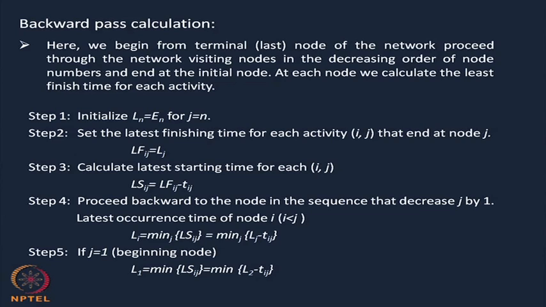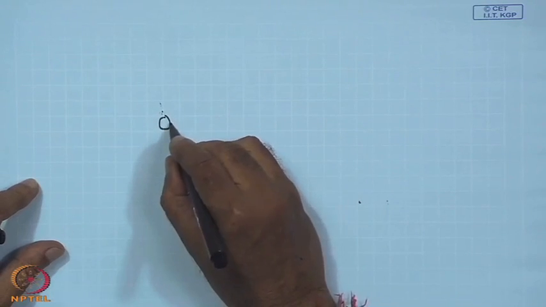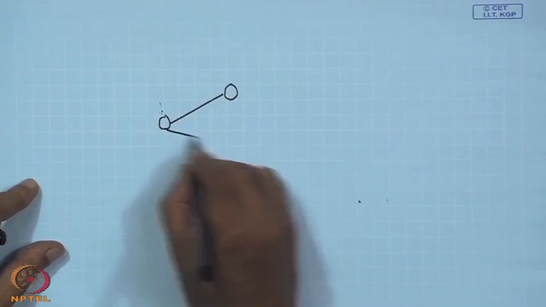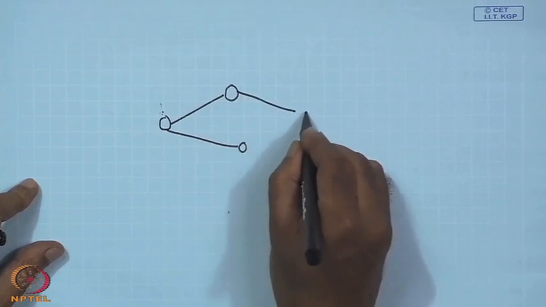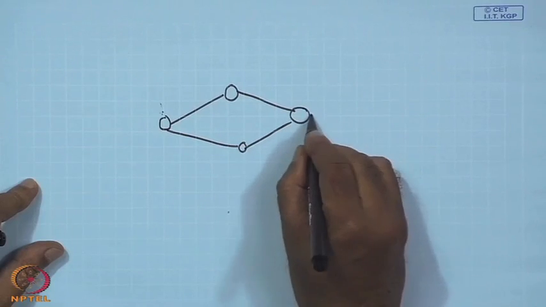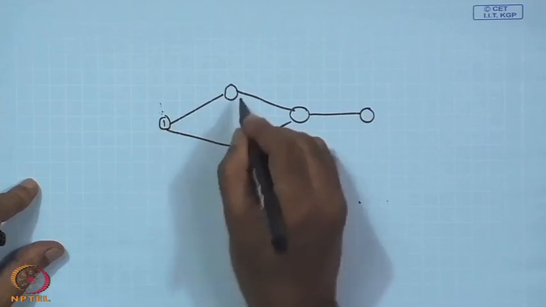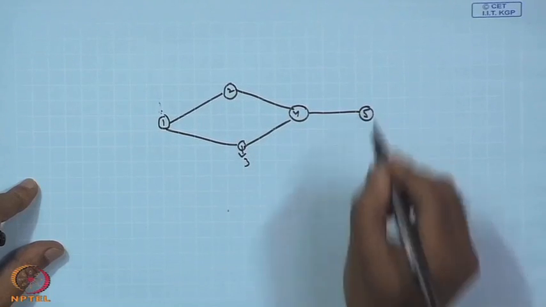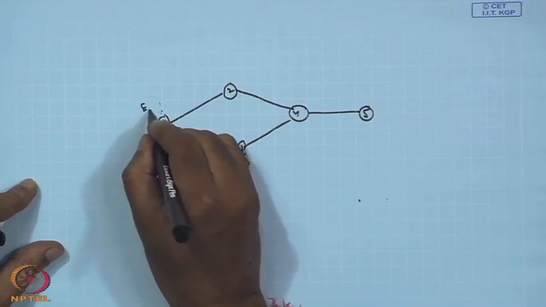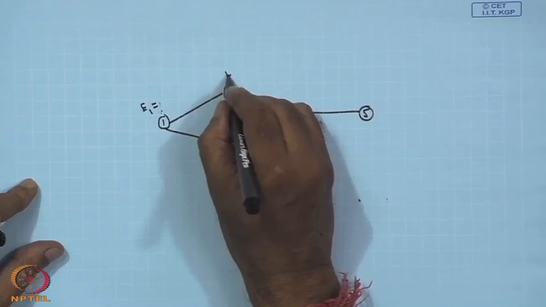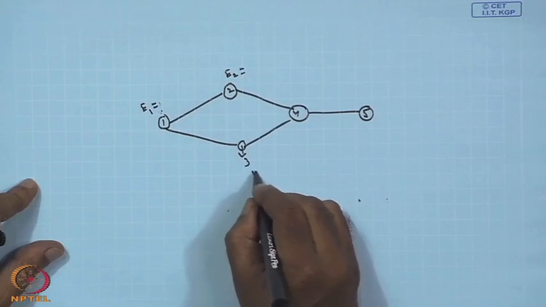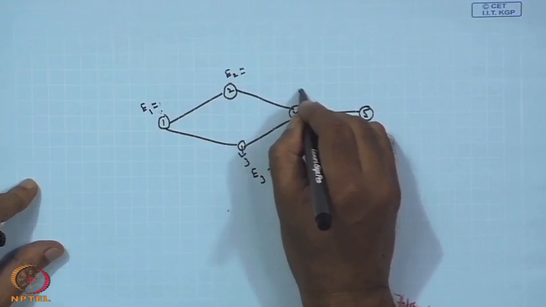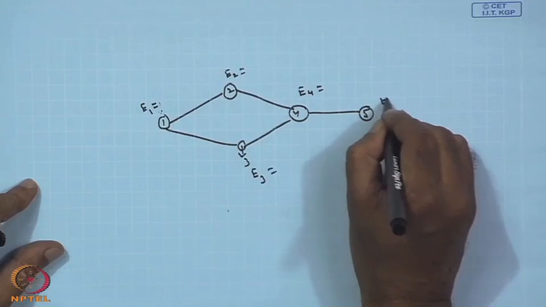Once I have calculated using the forward pass and the backward pass, you will have a figure something like this. I am just imaginarily drawing one figure. Say this activity is 1, this is 2, this activity is 3, this is 4, this is 5. So, at first what we are doing? We are calculating E1, E2, E3, E4, then E5.